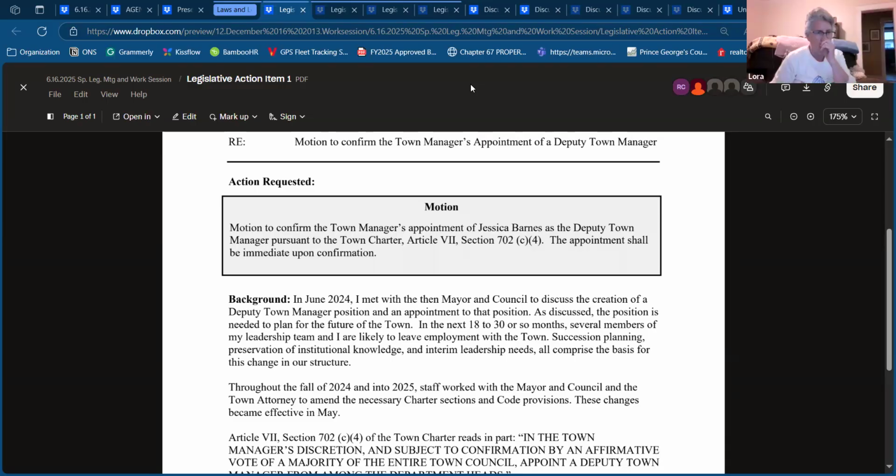Yes, thank you so much, Mayor. First of all, I want to really thank our town manager and give him my appreciation for bringing this to bear, for thinking through the future of our town when he's maybe even no longer here, off doing other things in his life. Thank you for moving this kind of structure forward for our town. Thank you to the council for supporting the change, and now considering this appointment.